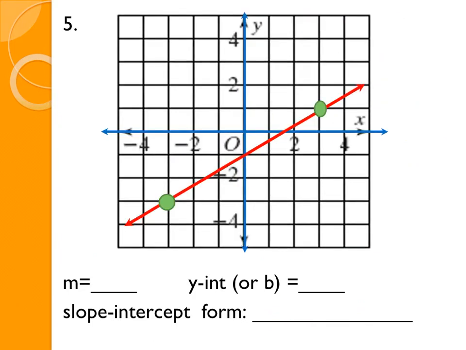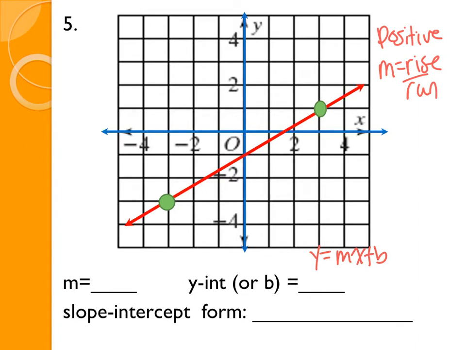Number 5. I'm going to write my equation. Y equals mx plus b. M equals rise over run. And I know this is going to be a positive slope. This time, you do not have a point located given to you on the y-axis.